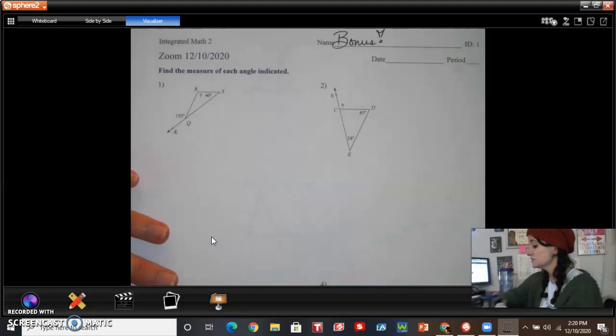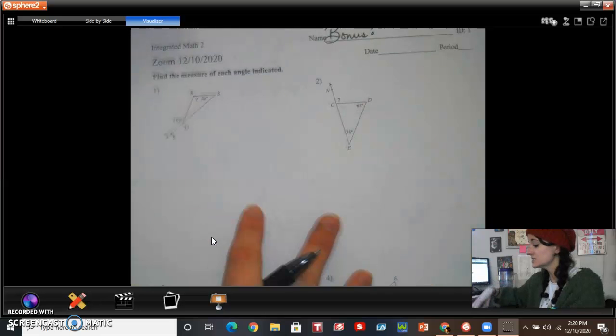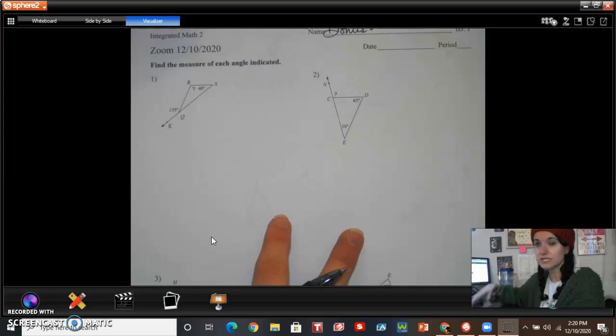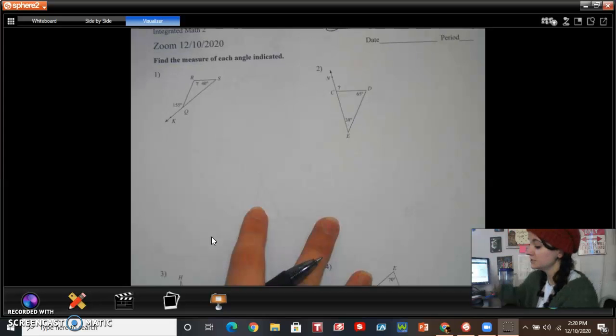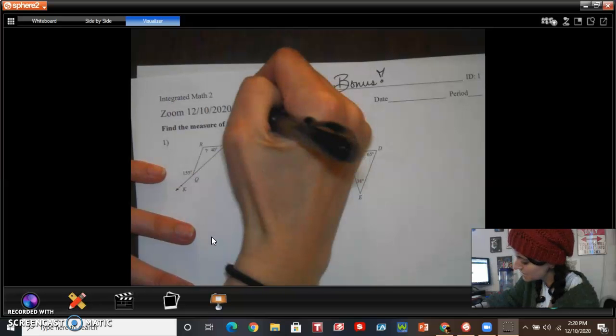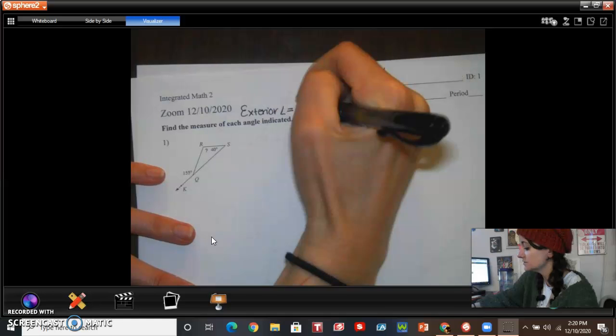So all of what we are doing today, the 10th, is we're discussing just the one theorem, the triangle exterior angles theorem. And that theorem told us that the exterior angle, remember exterior means outside, is equal to the interior angles across from it added.